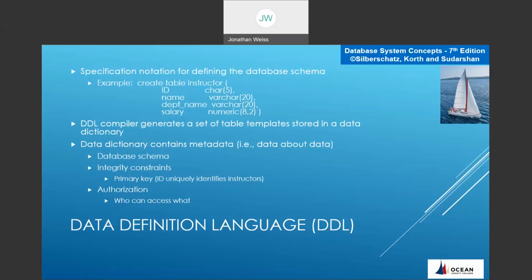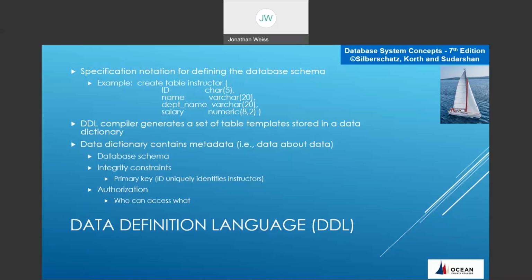Okay, so that's how we specify the definition of the implementation of this particular relation. That language that we use to specify the definition of the data and the structure of the data is called the data definition language. It specifies how the database will be stored.